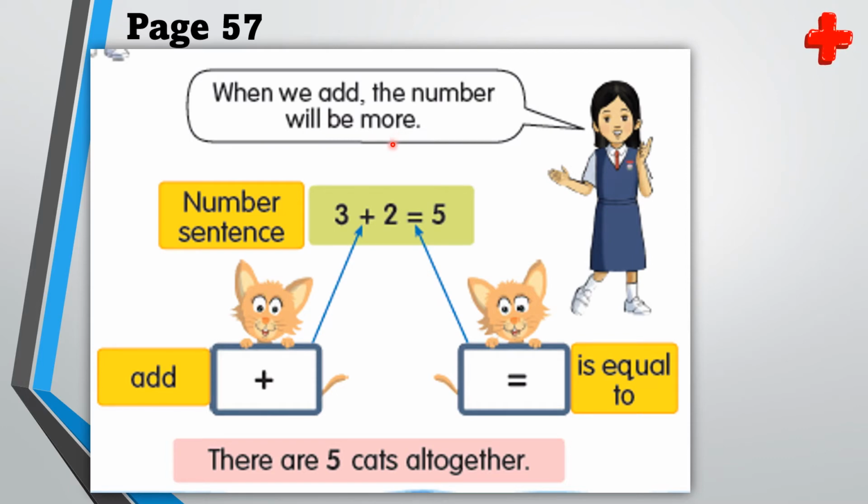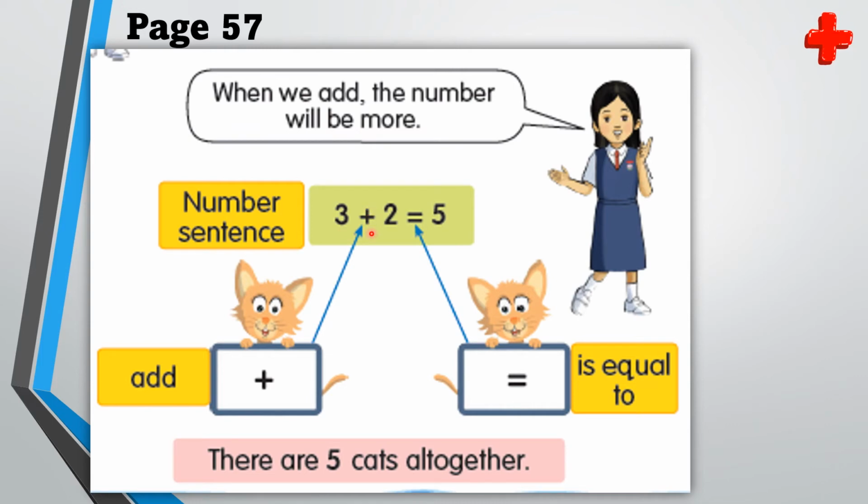Alright. Let's look at the number sentence that I just told you to say after me before. In Malay, kita selesa menyebut dia sebagai ayat matematik. But in English, we call it number sentence. This is number sentence, ayat matematik. 3, and the symbol is add, 2, and the symbol is equal to 5.